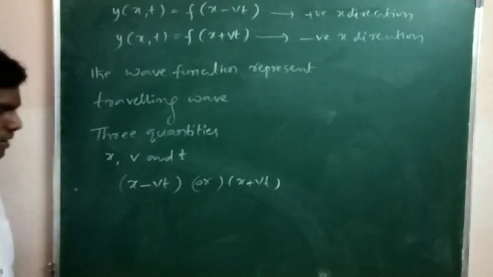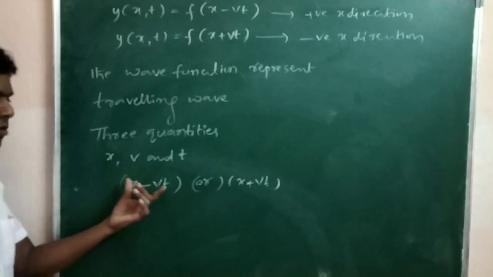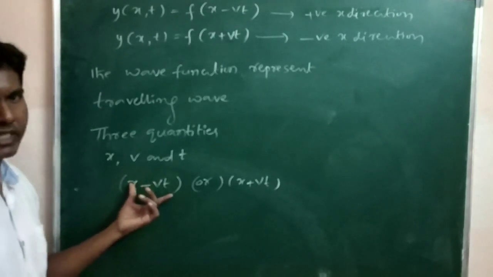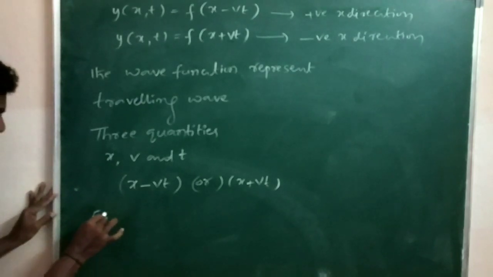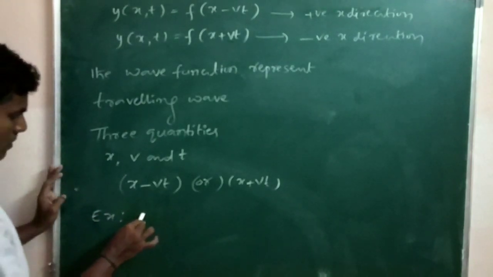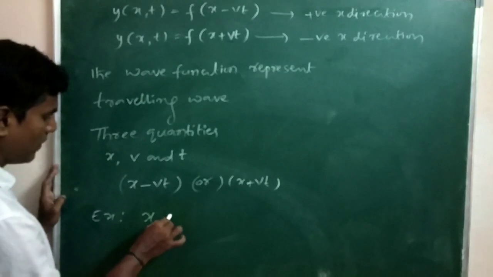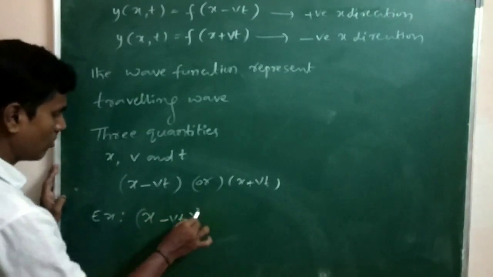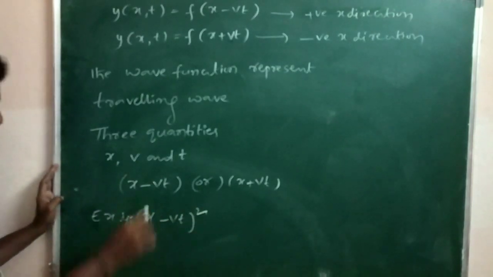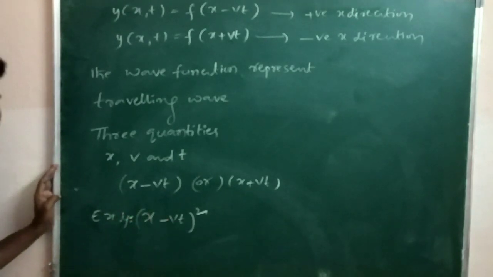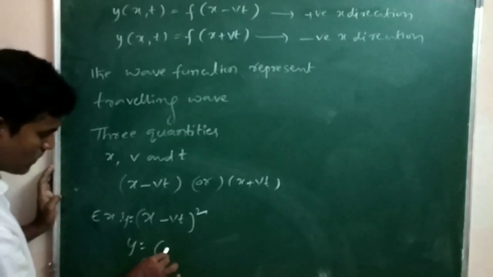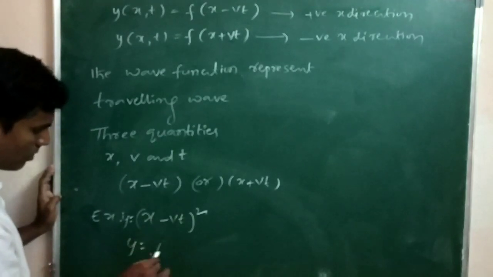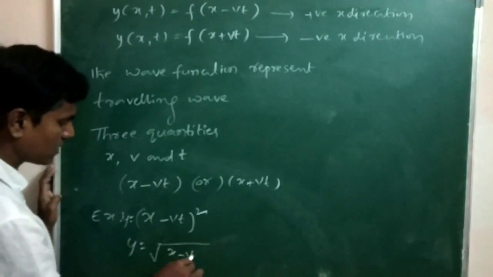I am giving some examples based on the concept x minus vt or x plus vt. For example, y equals x minus vt whole square. y equals root of x minus vt.